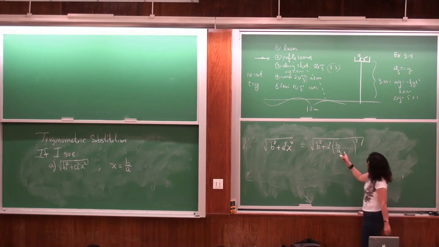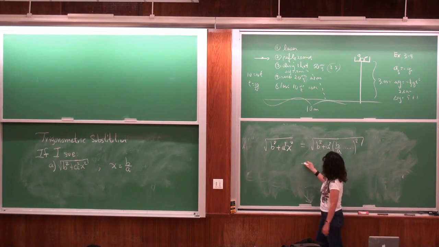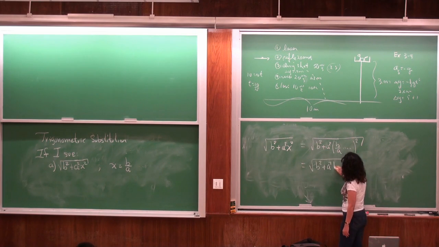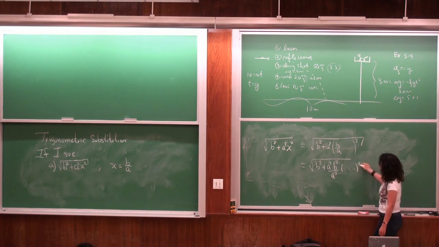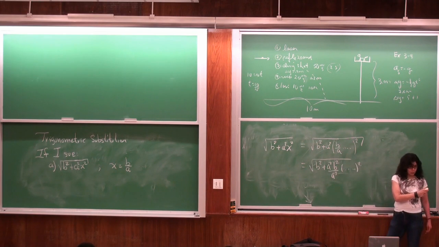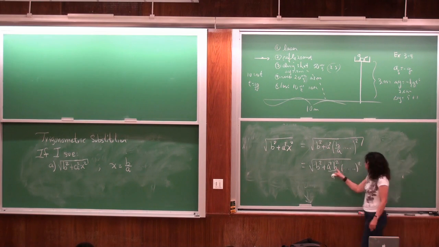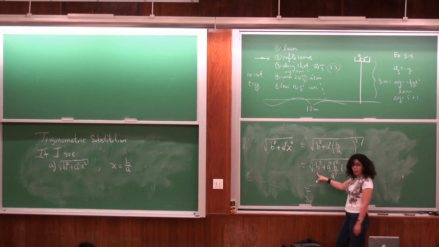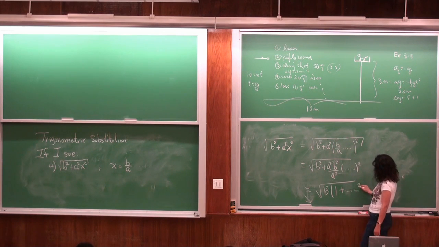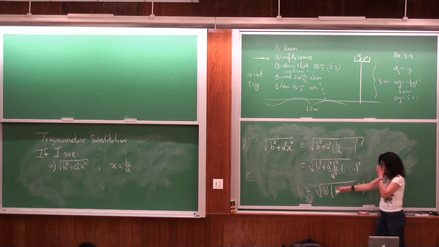When I square these things, I'm going to have B squared plus A squared B squared over A squared, and something here, squared. Now this A, I'm going to be able to cancel out. I'm going to be able to factor out a B squared, 1 plus something squared, and then this B is going to go out.